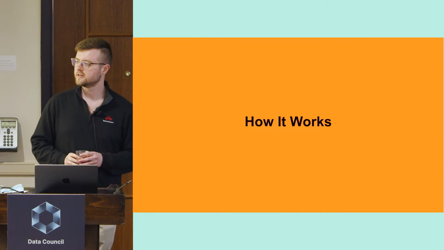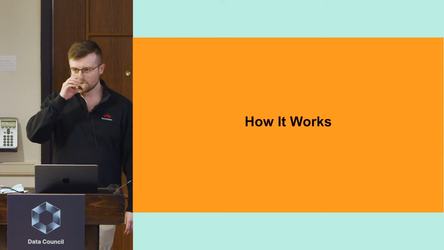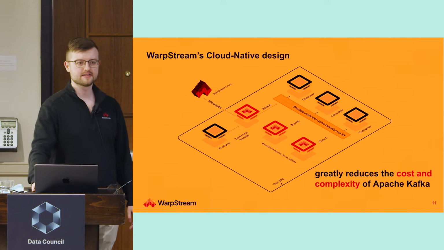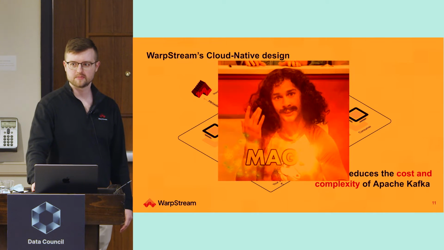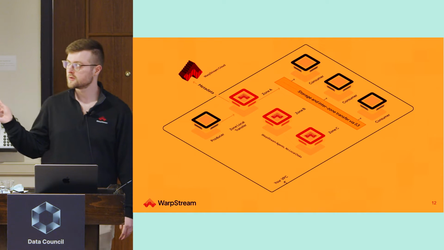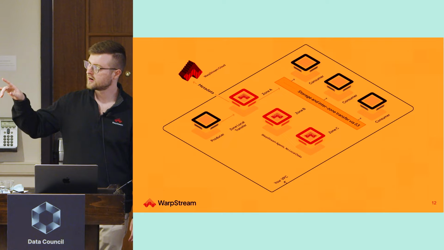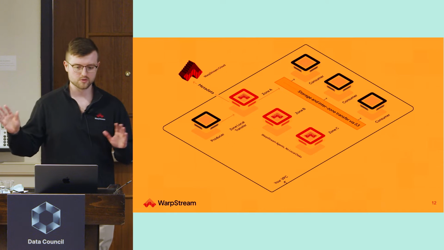So how does this work? Presumably somebody would have done this already if it was really simple. And the answer is magic, obviously, but today I'm going to explain a little bit of the magic behind WarpStream. This architecture diagram of WarpStream is structured to be comparable to the Kafka architecture diagram I showed earlier, but instead of the stateful brokers, in red here we have our stateless agents. They're essentially like a virtual broker.